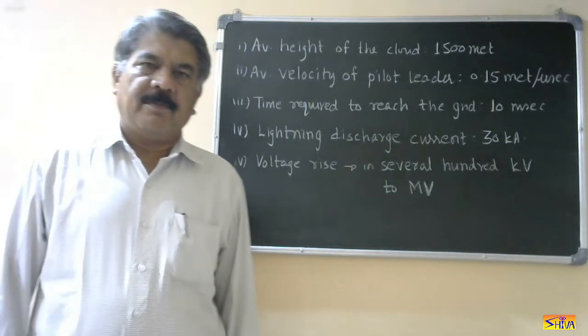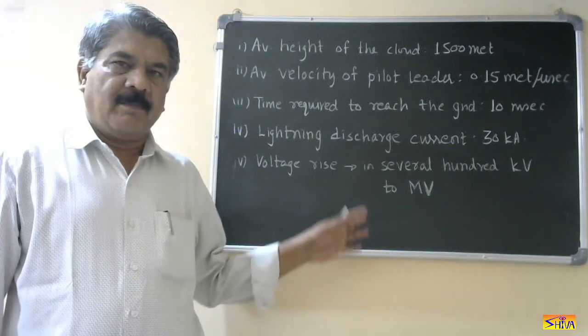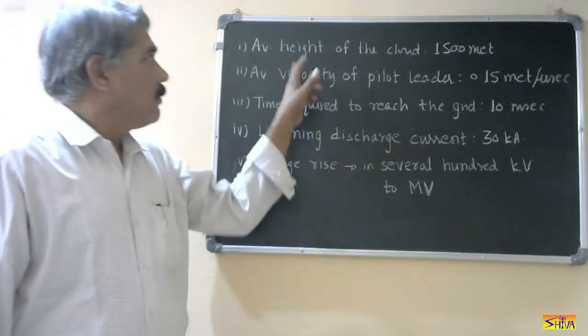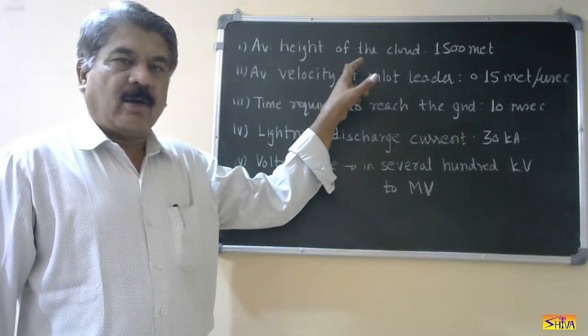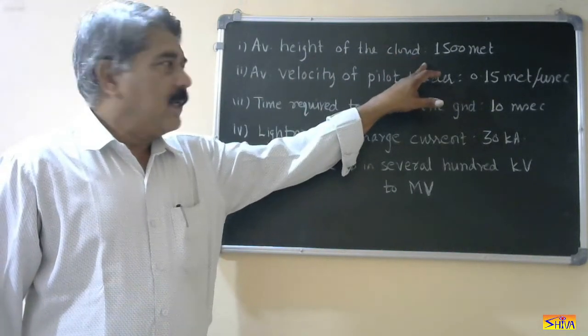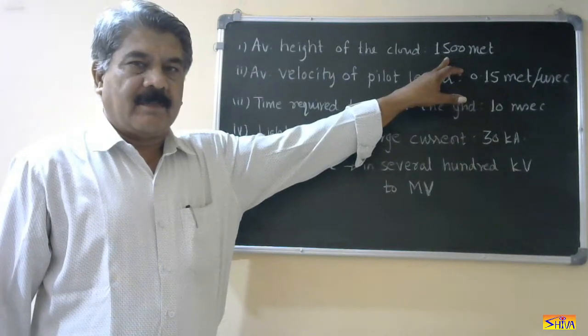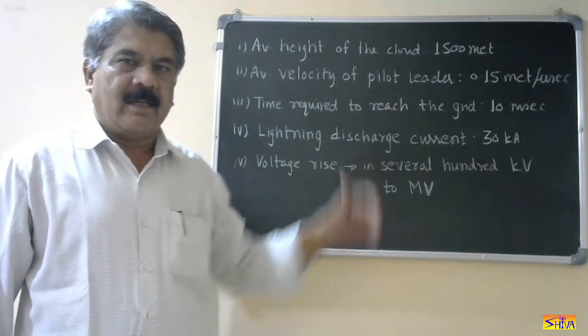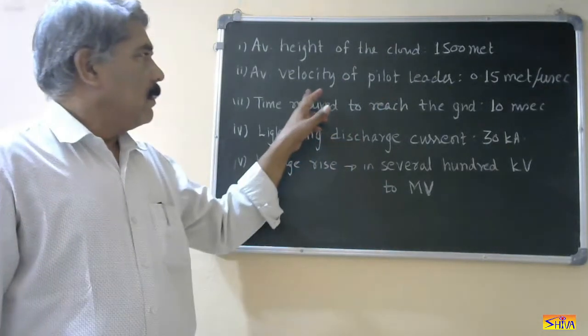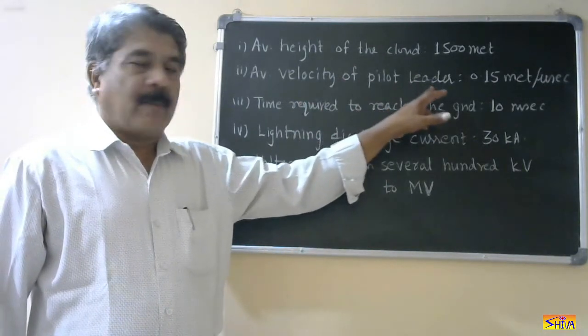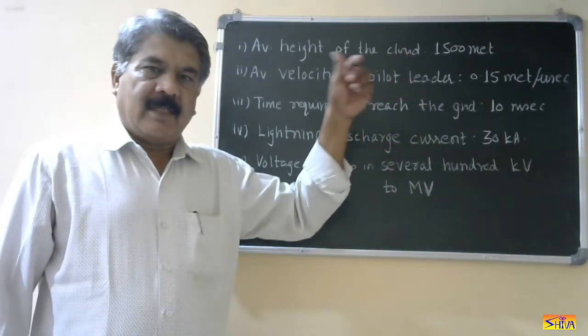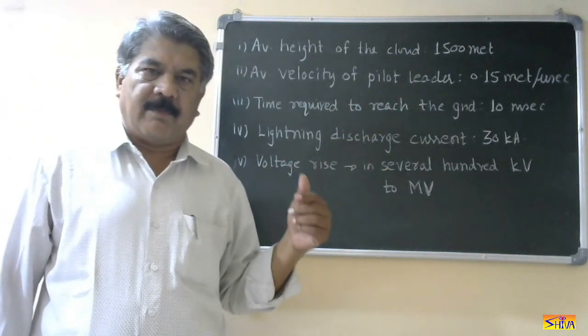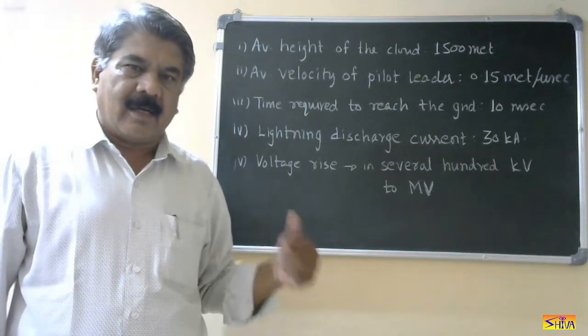Now I will give some statistics about the lightning discharge. The average height of the cloud above the ground is 1500 meters. That is average; this can increase as well as decrease. Average velocity of the pilot leader. Pilot leader means the channel which is established from the cloud towards the earth.